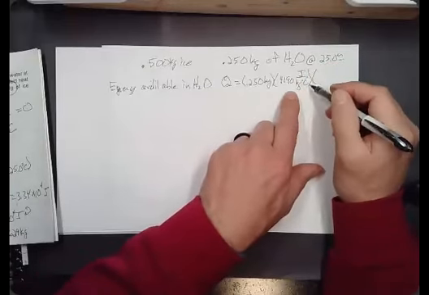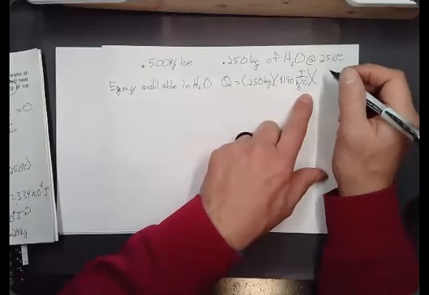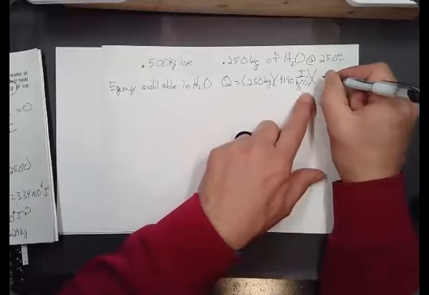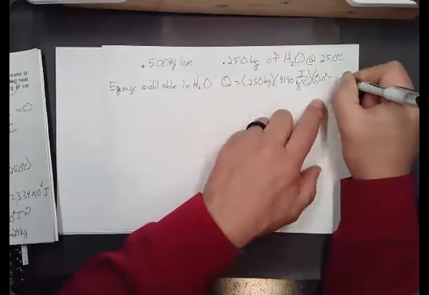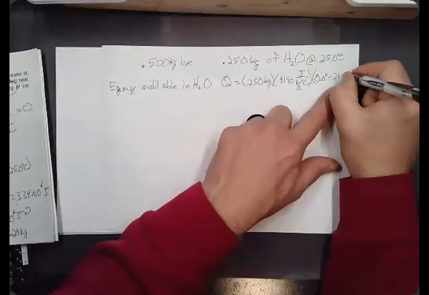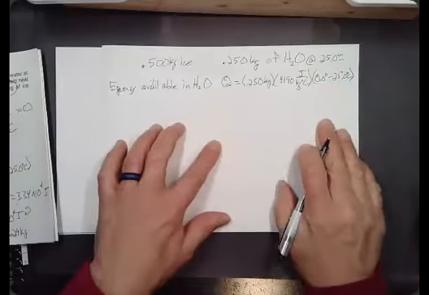It's always temperature differences when you're using this. And delta T, which is 0.0 degrees Celsius minus 25. I keep running out of room on here, so I'm going on to the other piece of paper.